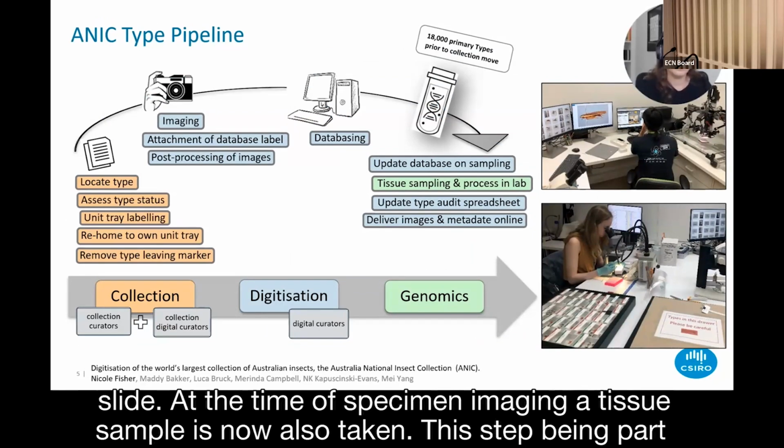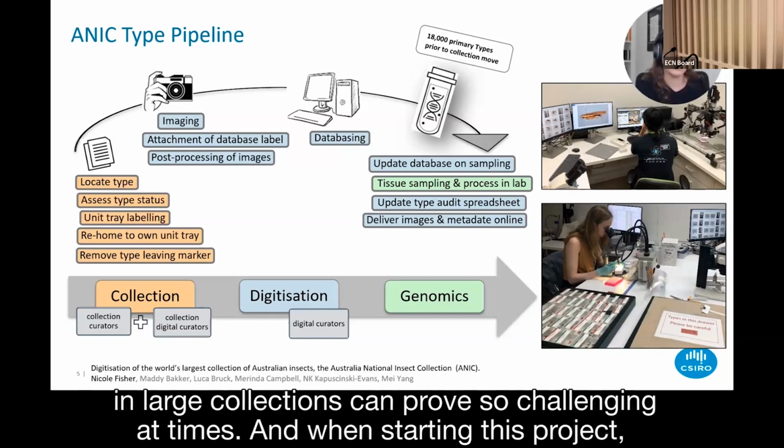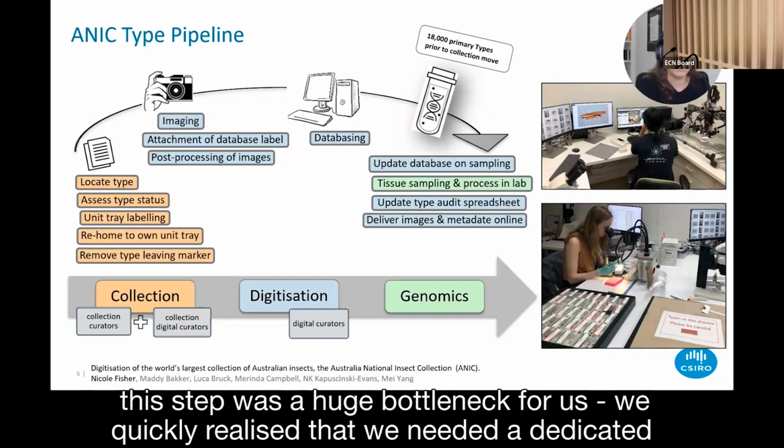At the time of specimen imaging, a tissue sample is now also taken, this step being part of an integrated workflow. Often locating, identifying and retrieving type specimens held in large collections can prove so challenging at times. And when starting this project, this step was a huge bottleneck for us.